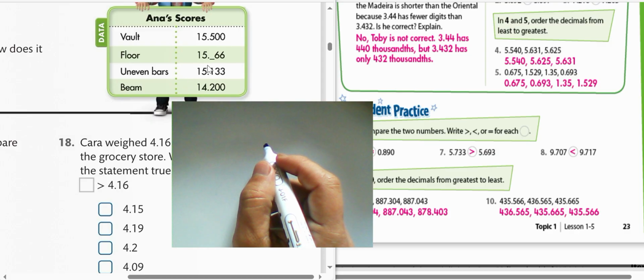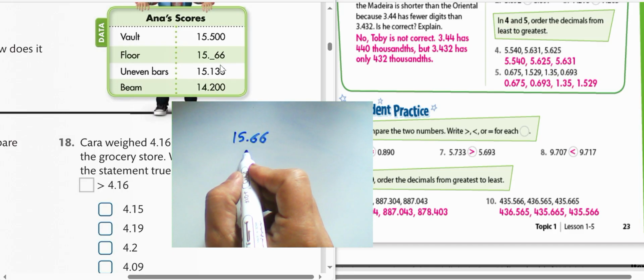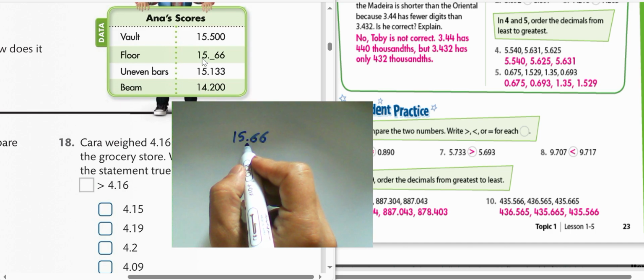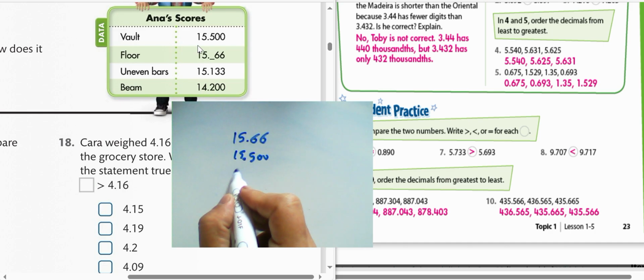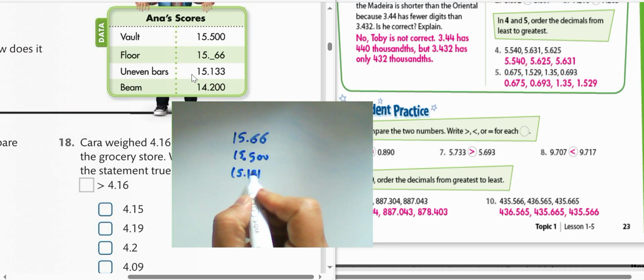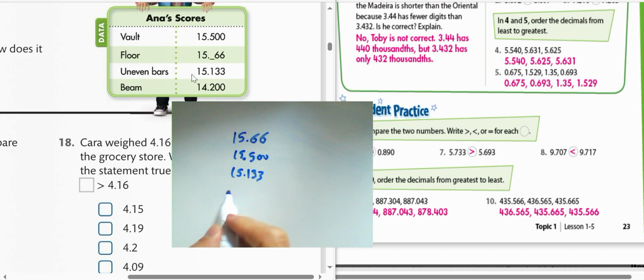This number 15 and this number 66 hundredths, and also 15.500, and then we can write 15.133, and the last one 14.200.